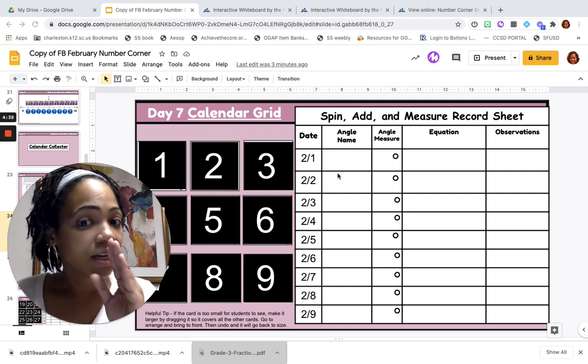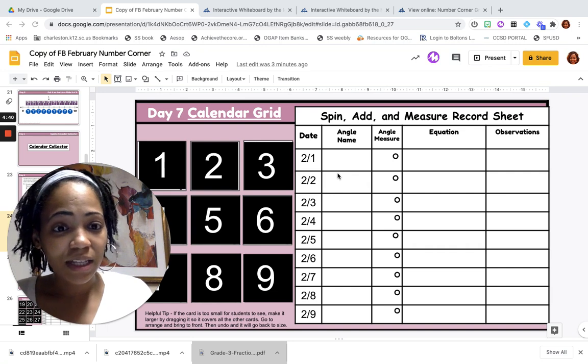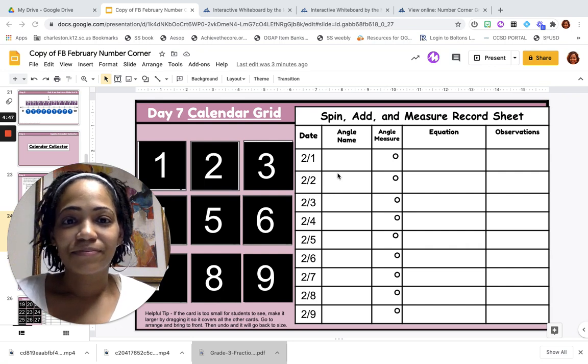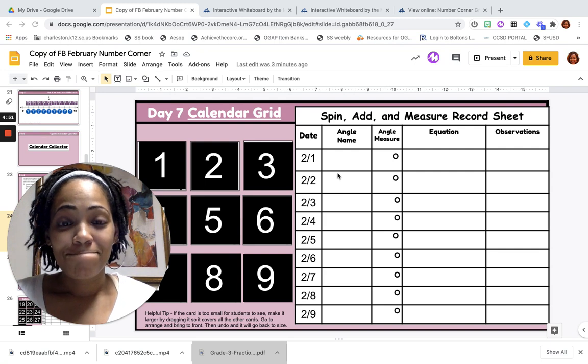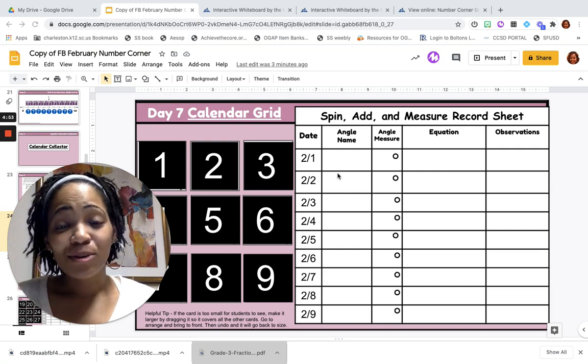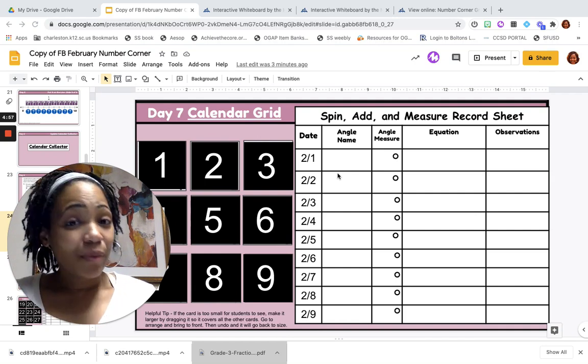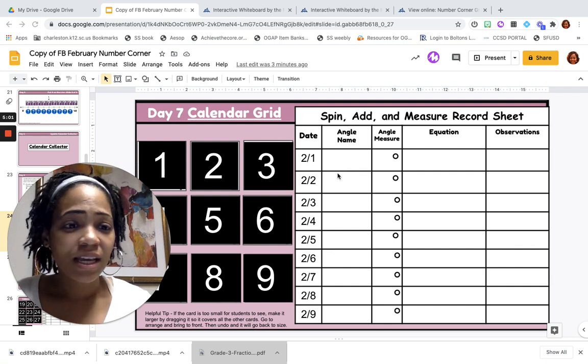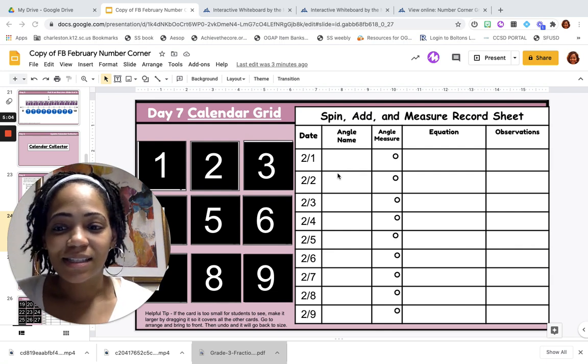So you may want to take a look at this recording sheet really quickly to know what all it is we're going to be doing. I'll give you a moment. All right, so we're naming angles. We need to figure out how much they measure. And we got to write an equation, right? And definitely some observations as we see necessary.